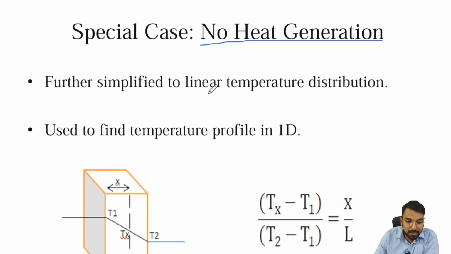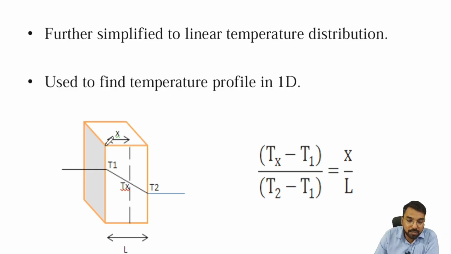So it is further simplified to the linear temperature distribution. Here we are considering only one dimension. In this dimension, as we have seen in Fourier's law, the Fourier law is similar to the one-dimensional heat conduction equation.